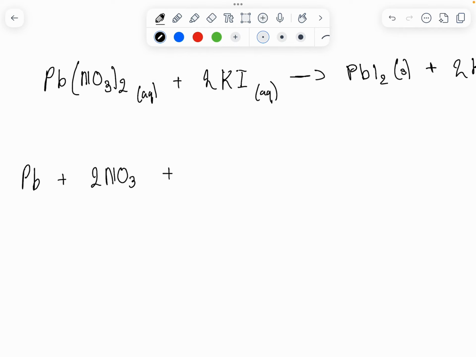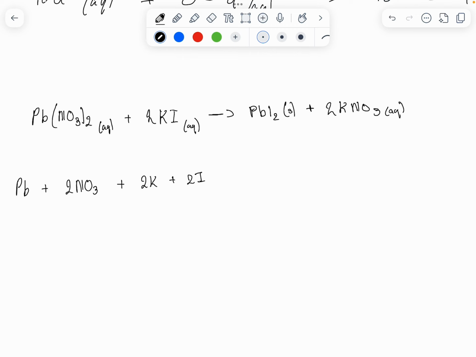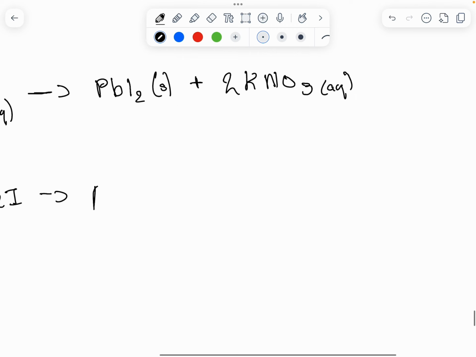Now we can move on to our 2KI. This just means 2K plus 2I, because remember, equals PbI2. Oh, sorry, that's solid. Why would I change that? PbI2 in a solid form, hence we don't change it.